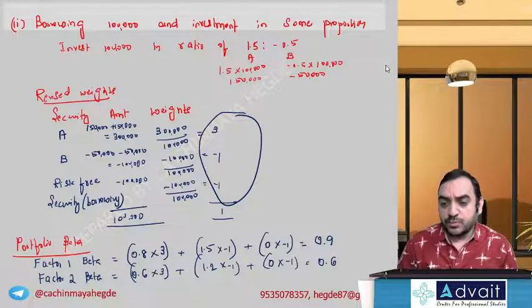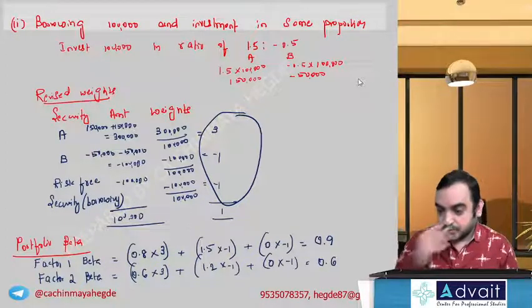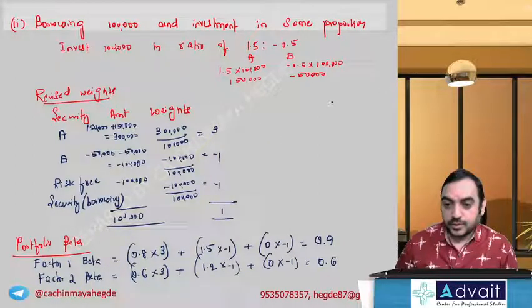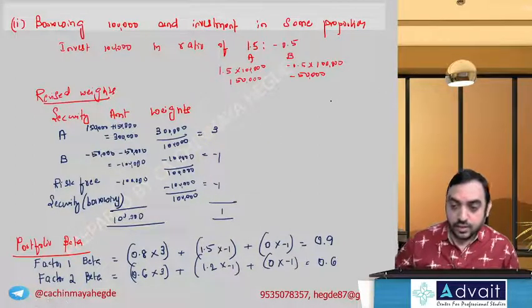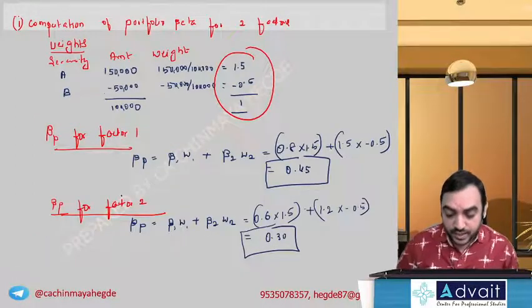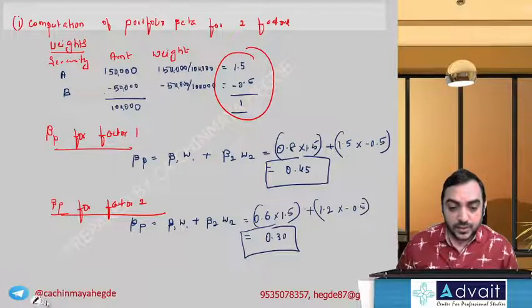Shorting and investing in borrowed funds will lead to a decrease in beta. Yes. Let's see what happens. Okay. Now, is it really decreasing? What do you think is happening? Previously, how much beta did we have for factor 1?